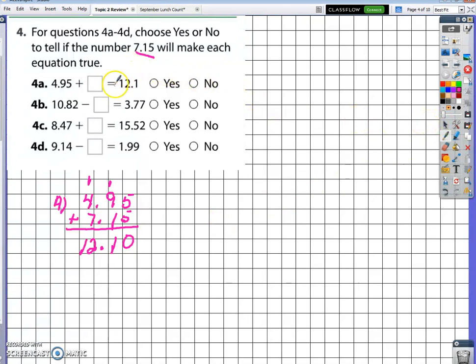Is that equal to 12 and 1/10? Well, it actually is, and we know that because we can drop the 0 off. So I would choose yes for that one.